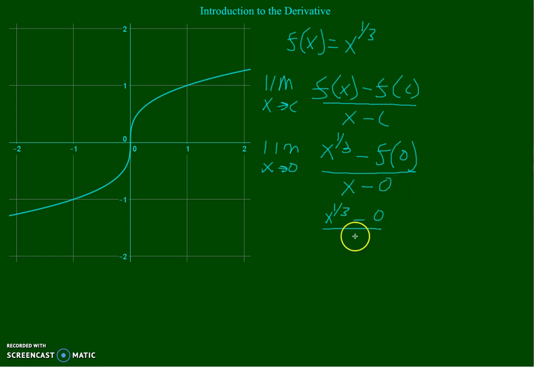X minus 0 is x. So, if we simplify this, 1/3 minus 3/3 is x to the negative 2/3, which is 1 over x to the 2/3. Now let's take that limit.